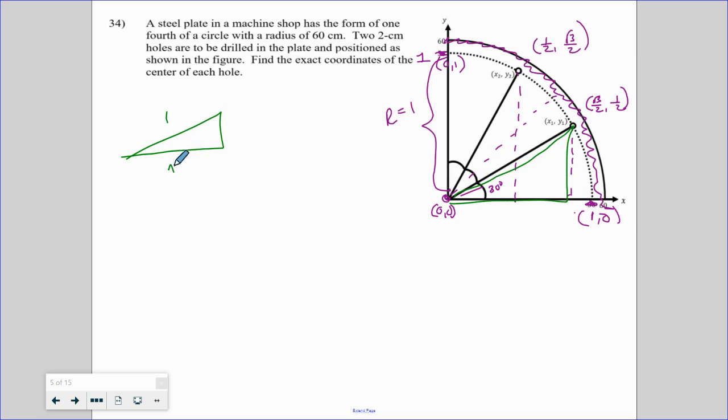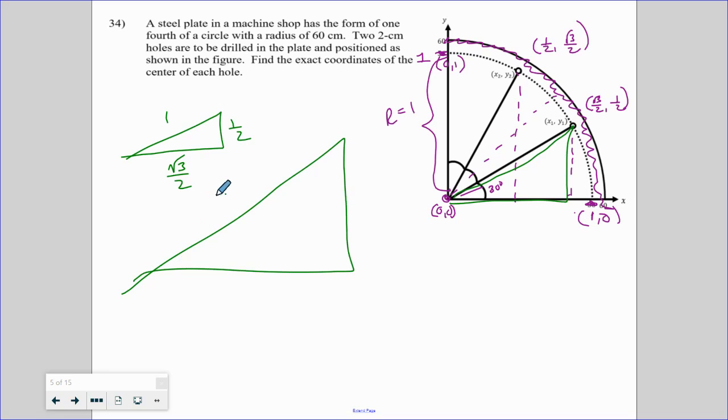If that was 1 and this was radical 3 over 2 and this is 1/2, now I'm saying make it a really big triangle because this is 56 now, or 56 times the one we had over there, which means this side is 56 times the 1/2, and this side here is 56 times radical 3 over 2.